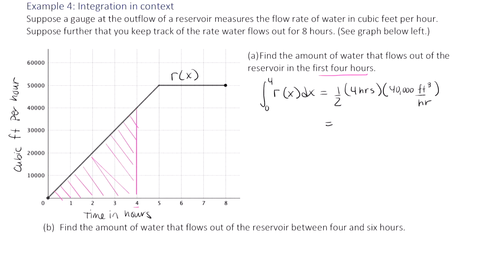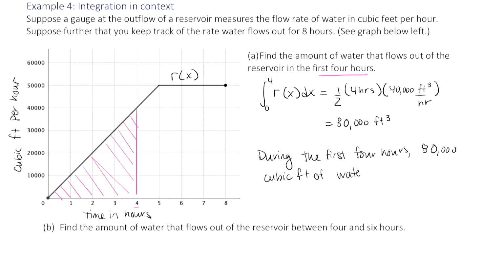So now multiplying that together, we end up with 80,000 feet cubed. So during the first 4 hours, I almost wrote 8,000, 80,000 cubic feet of water has flowed out of the reservoir.